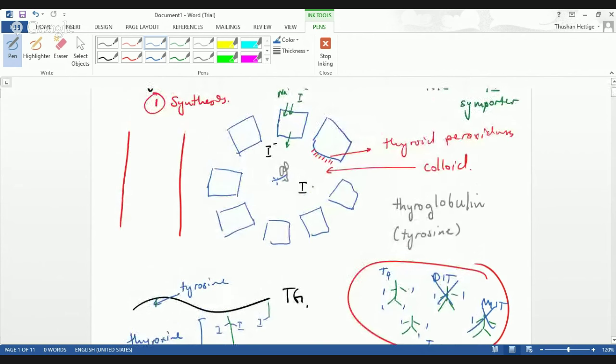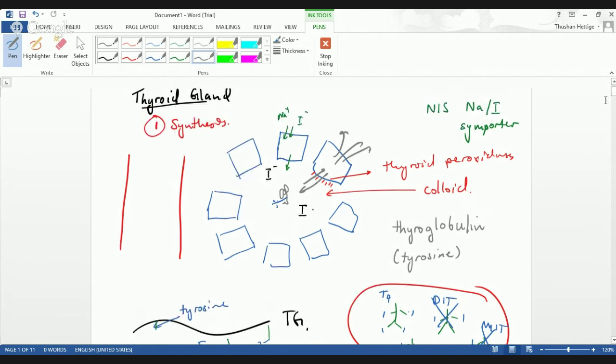So you can see that the thyroglobulin has done a 360-degree turn. Thyroglobulin is secreted out here, reuptaken, then chopped up by a lysosome, and then the thyroxine is secreted. So that's how thyroxine is synthesized.